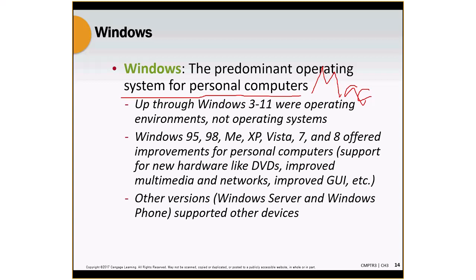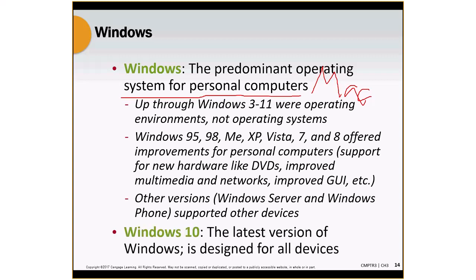Then other versions of Windows are Windows servers and Windows phones, and those support specific devices. Windows 10 is the latest version of the Windows operating system, and it's designed for all devices. So they have it on tablets and all those different types of devices.